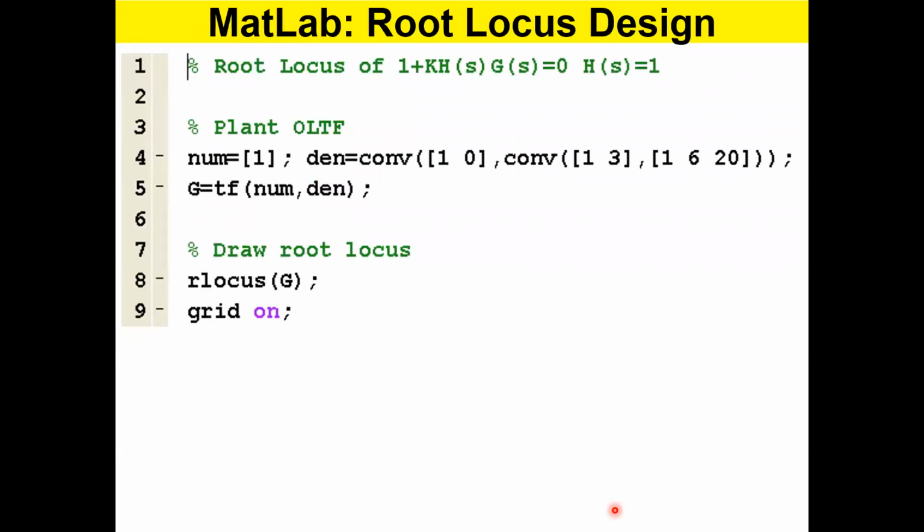Now we spent a lot of time trying to visualize the root locus of this plant. But if you go to Matlab, it takes a few seconds. So you have to do a complete root locus design yourself.